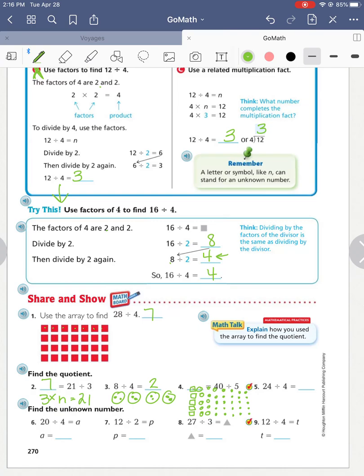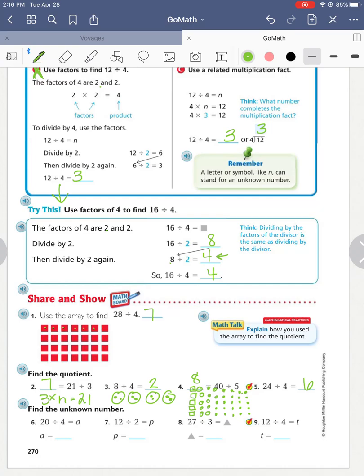Then count the row. 1, 2, 3, 4, 5, 6, 7, 8. So 40 divided by 5 is 8. Then next one, 24 divided by 4 is 6.